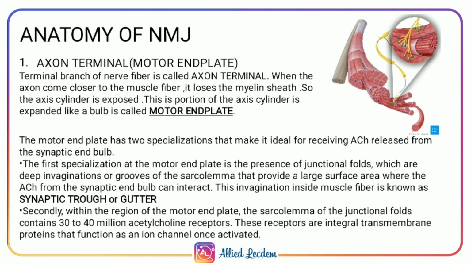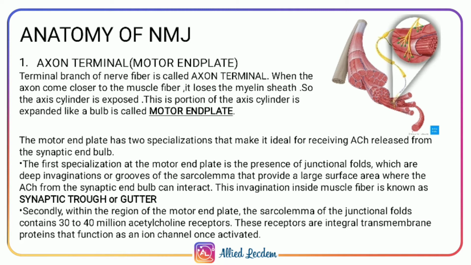This motor end plate has two specializations. The first specialization is that it has a junctional fold, that is, an invagination, a groove present in the sarcolemma that provides a large surface area where acetylcholine from the synaptic end bulb can interact.